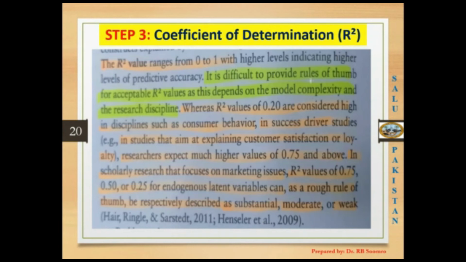For example, it's difficult to provide a rule of thumb. So already three rules of thumb were there, but again it's difficult to follow all of them because of some issues. For example, an R square value of 0.2 is considered high in the discipline of consumer behavior.